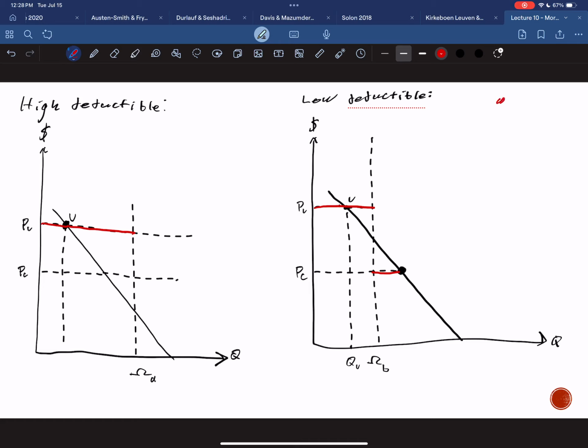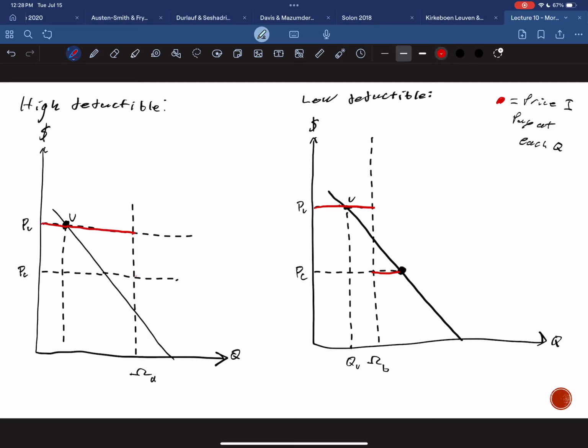So red is the price I actually pay at each quantity.